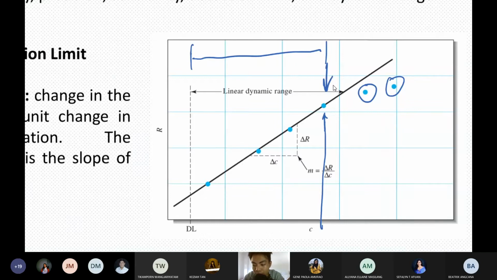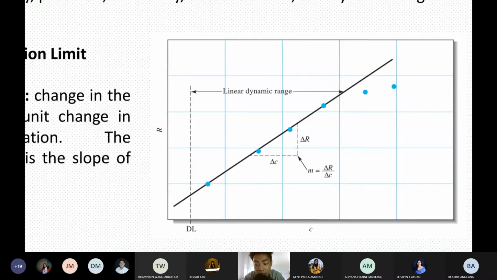Kasi again, usually at higher concentration, the instrument response deviates from linearity. You don't want this data to be read by your instrument, because the instrument is not reading them well. So if the instrument cannot read your concentrations very well, then you have to establish a limit.